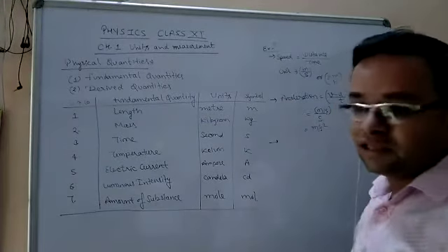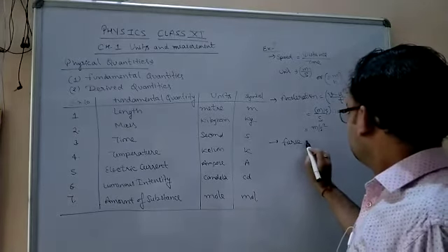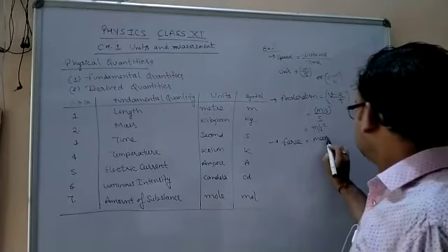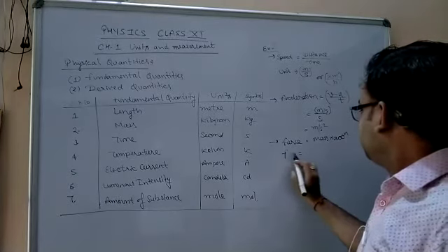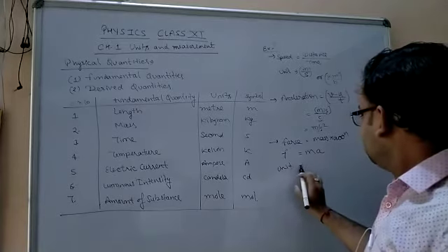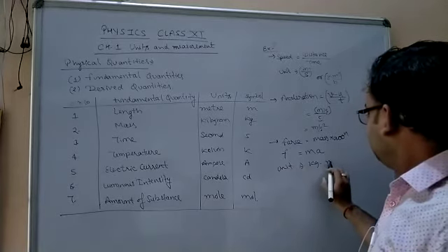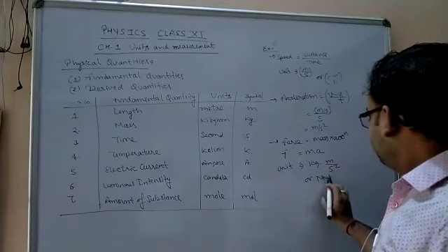we can take the example just like force. The formula of force is mass into acceleration. So we can write the formula is F is equal to ma, and the unit is mass unit kilogram into meter per second square, that is Newton.